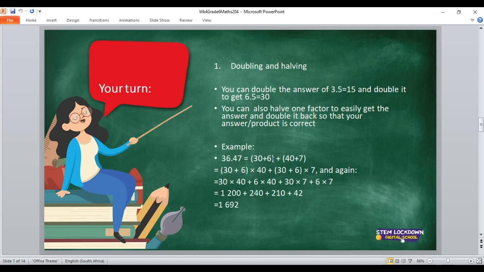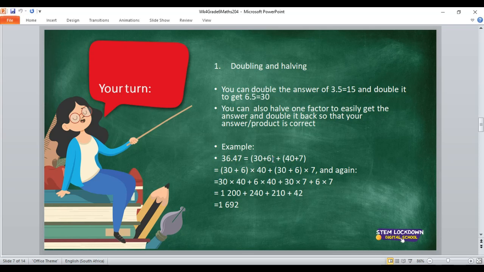We have 30 plus 6 multiplied by 40, and then plus 30 plus 6 multiplied by 7. Now we get to our multiplication, the full step: 30 multiplied by 40 plus 6 multiplied by 40 plus 30 multiplied by 7 plus 6 multiplied by 7.